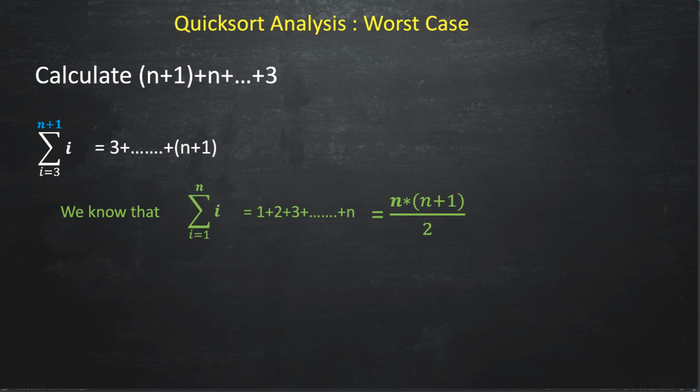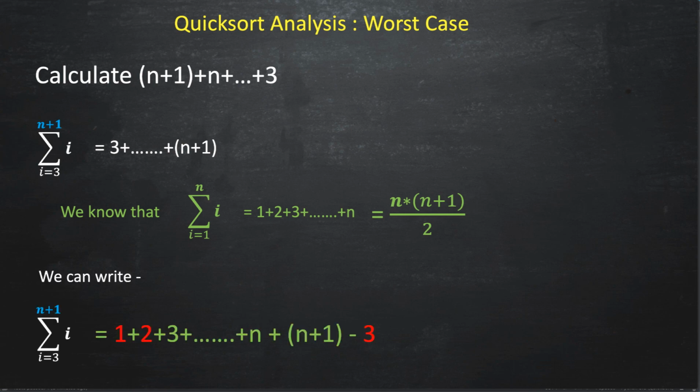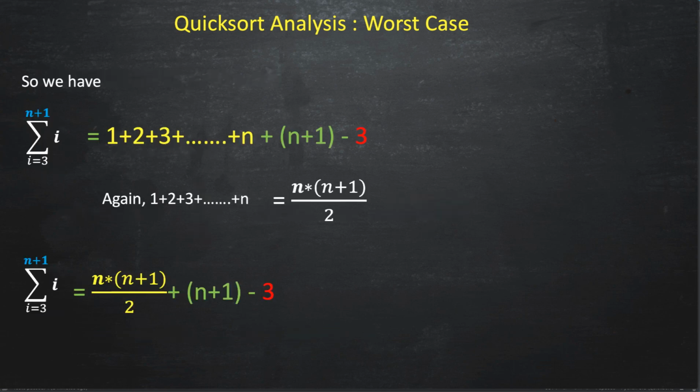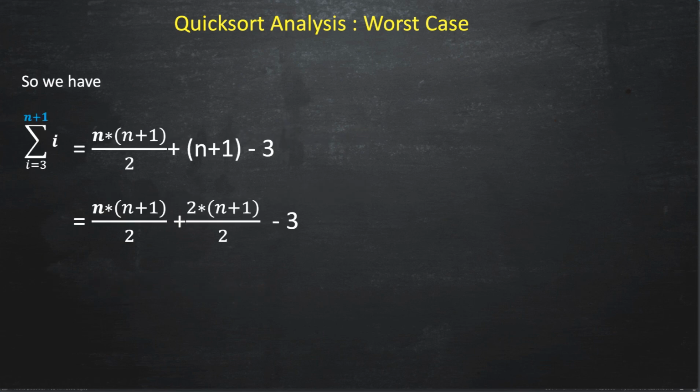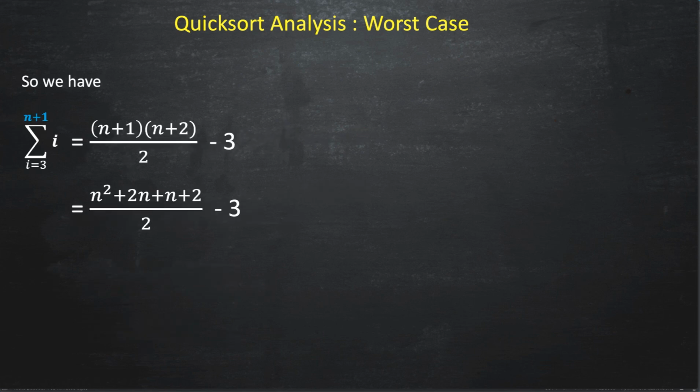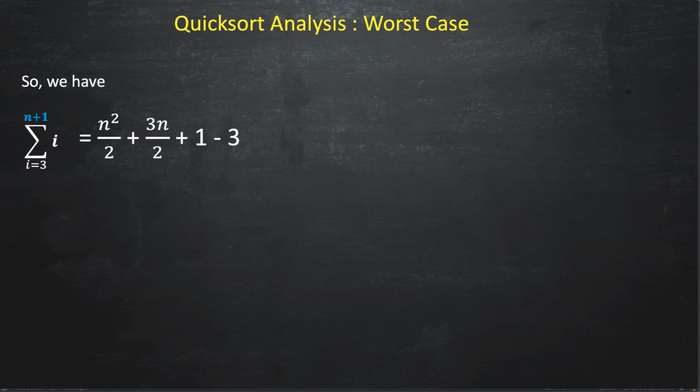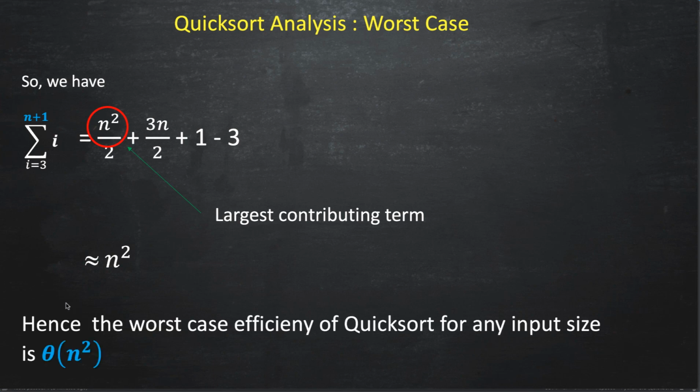Basically we are just solving this using the arithmetic series, and then we simplify this, and eventually we come to this equation by simplifying the terms, and then at the end we just take the largest contributing term, and that's how we come to the answer n squared. So the worst case efficiency of Quicksort for any input size will be big theta of n squared.